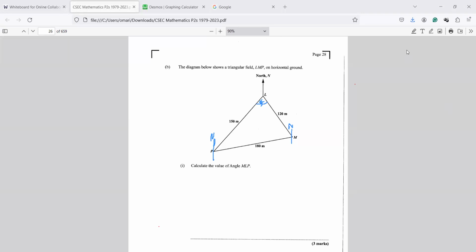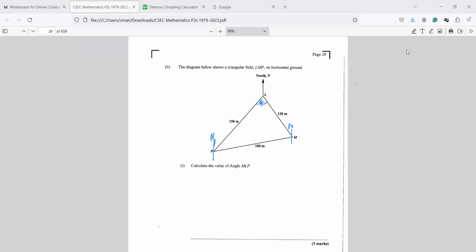For persons who don't know, the cosine rule is a simple mathematical theory that you can use either to solve for an angle when given all three sides, or to find a particular side of a triangle that is not right angle when you're given two sides and an angle.